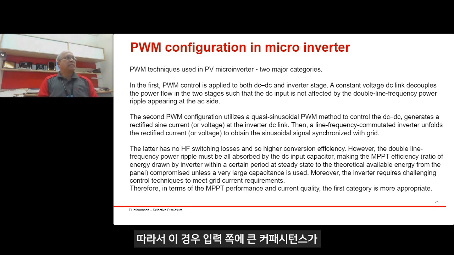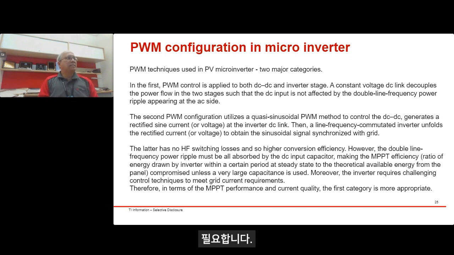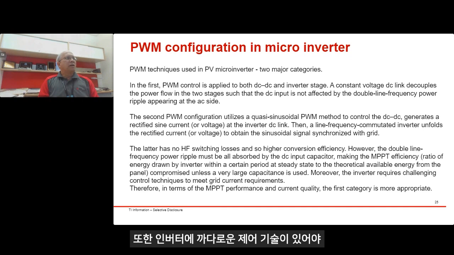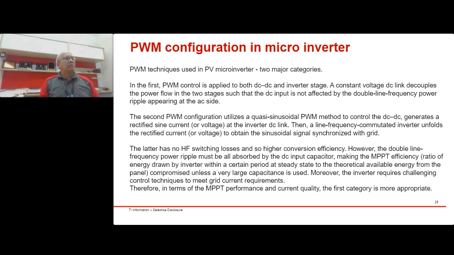So a big capacitance will be required at the input side in that case. Also, the inverter requires challenging control techniques to meet the THD and other grid current requirements. So comparing the pros and cons of the two approaches, the first one is preferred and mostly used, where both the MPPT and the inverter use high frequency control with a DC-link capacitor in between.